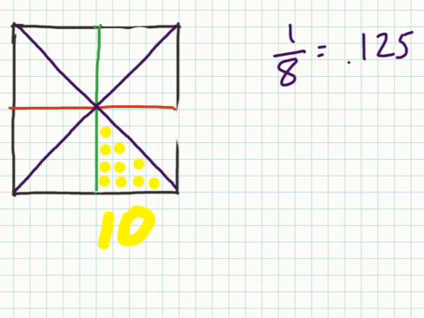How much is one of those tiny little triangles worth? Each one of those triangles is worth half of a hundredth. Woohoo! Okay, so let's count the halves. 1, 2, 3, 4, and 5.